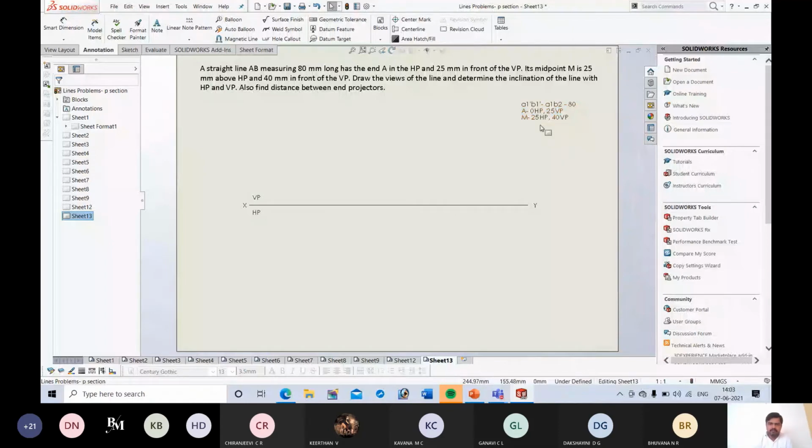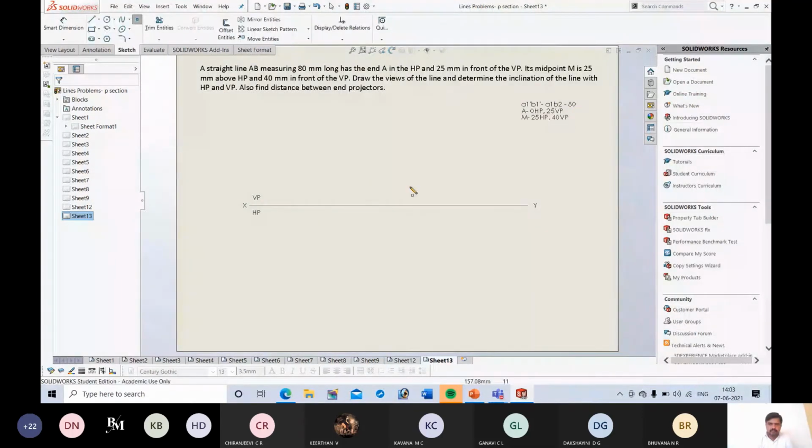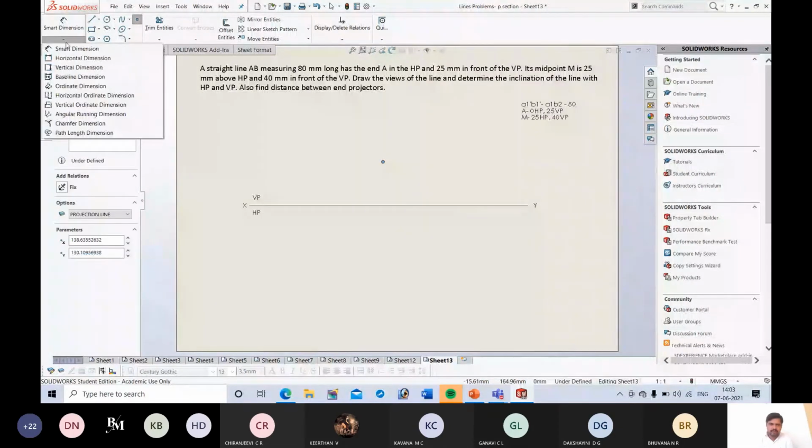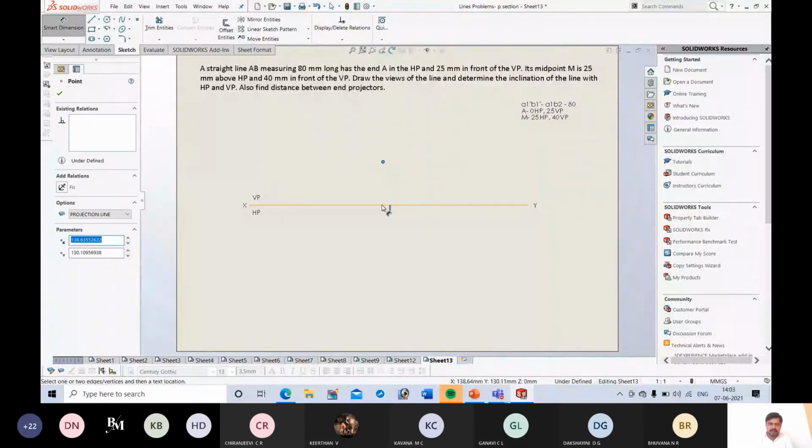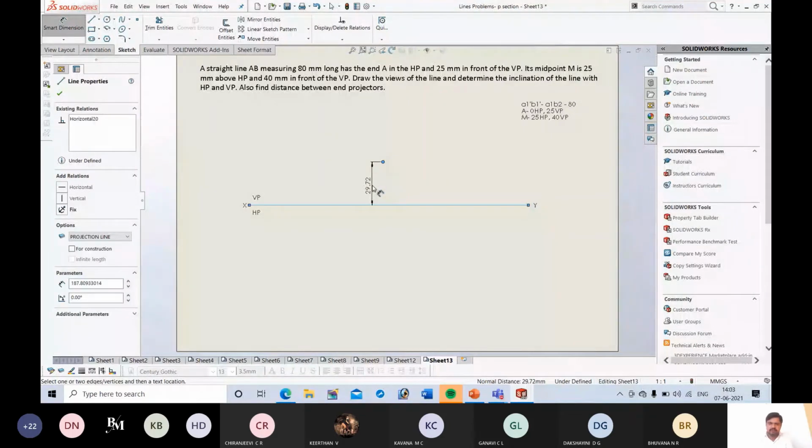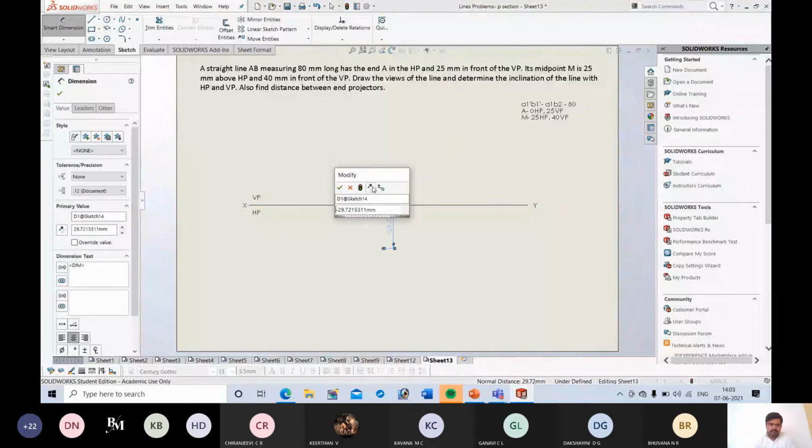So it is 25 mm above HP and 40 mm in front of VP. So I will draw front and top view of midpoint. So it is 25 above HP. So consider midpoint at center of XY line. Okay, so almost center of XY. It is 25.